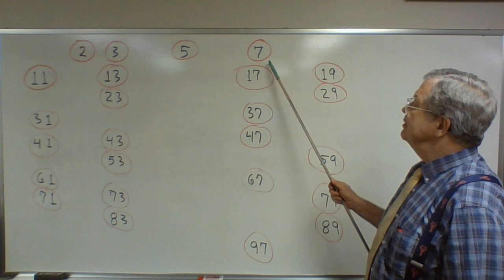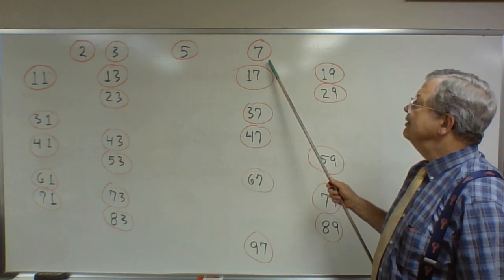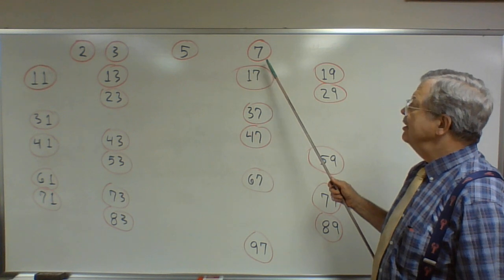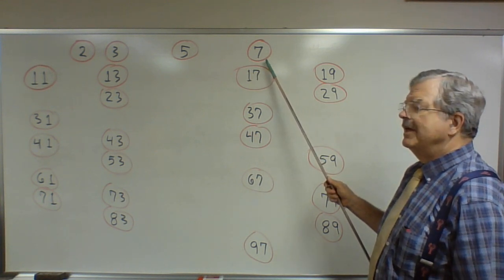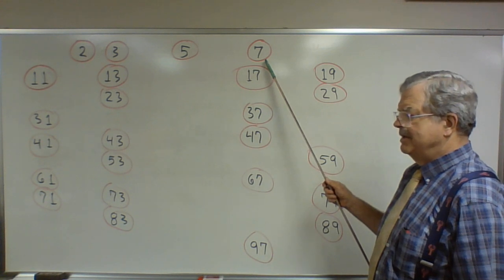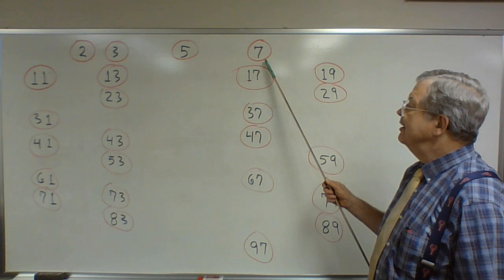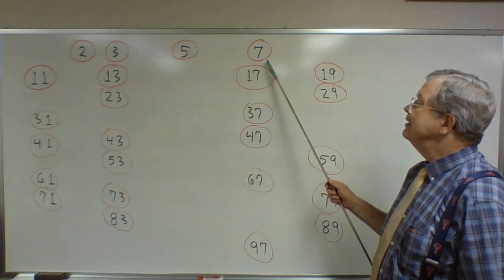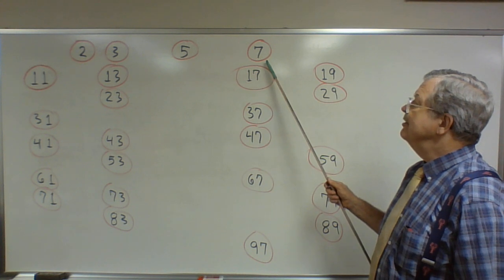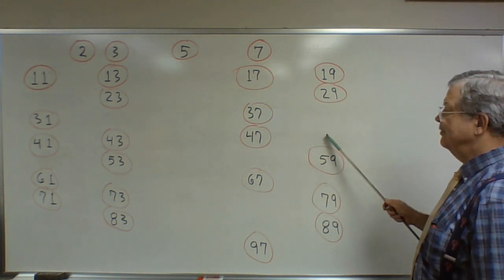So when we get up to the larger numbers, just remember, the smallest multiple of a prime that hasn't already been eliminated is going to be that prime squared. So when we got to 7, the first multiple of 7 that we eliminated was 7 squared, 49.